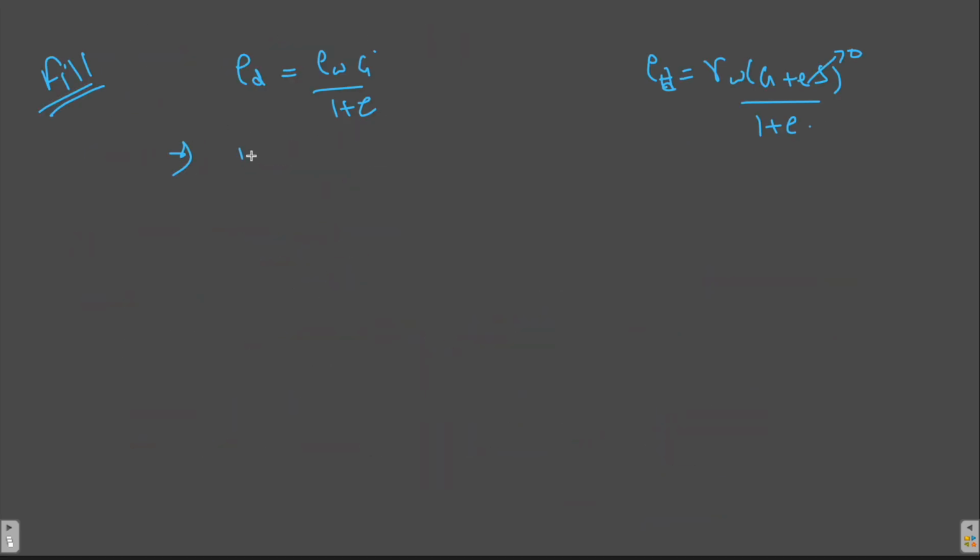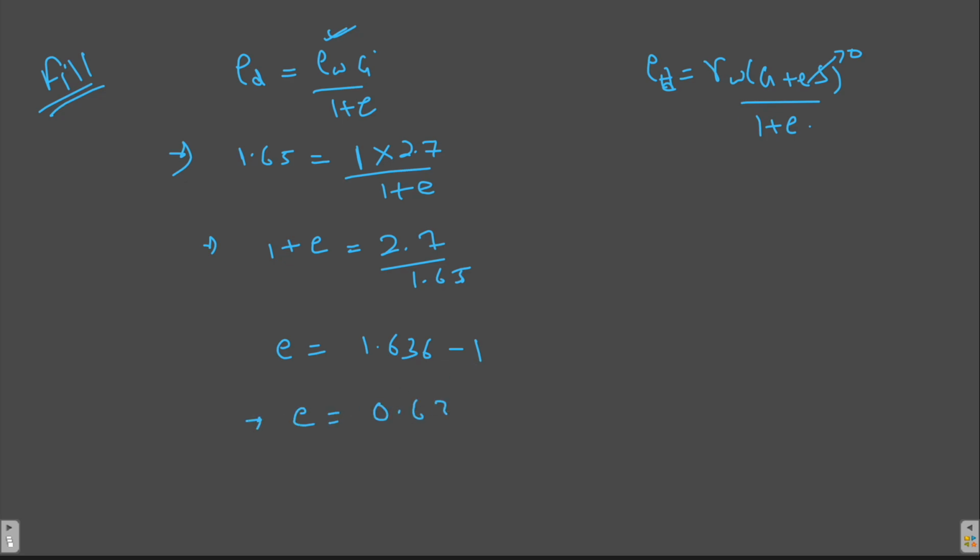So 1.65 gram per cc is equals to gamma W, which will be 1 gram per cc, and G is given to you as 2.7, by 1 plus E. So using this you can easily solve. So 1 plus E will be how much? 2.7 by 1.65, and E will be how much? 1.3636 minus 1, and then E will be 0.636. So this is for fill.